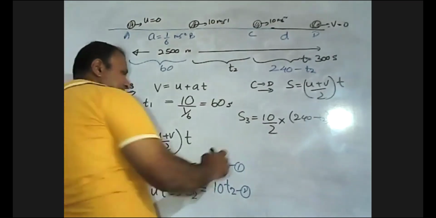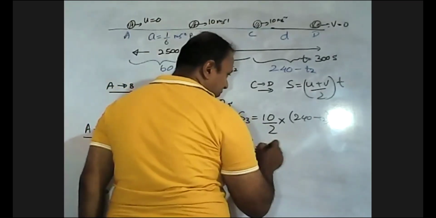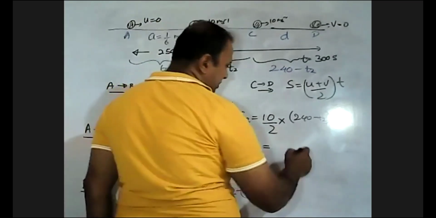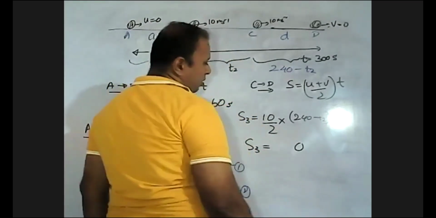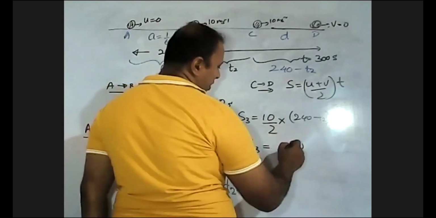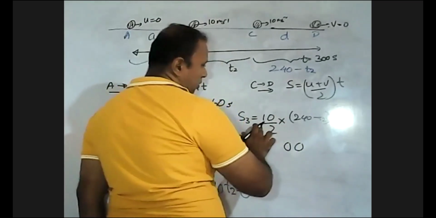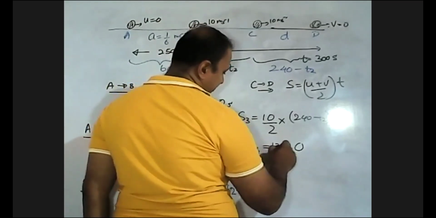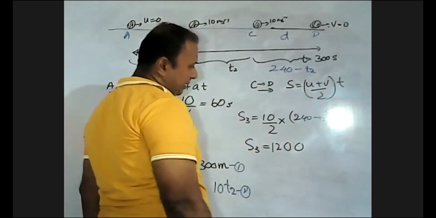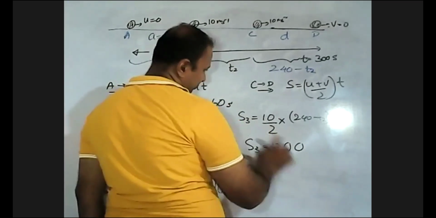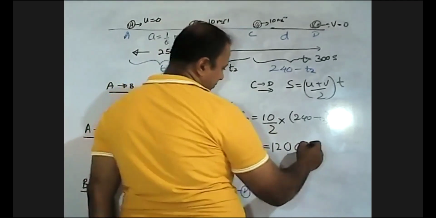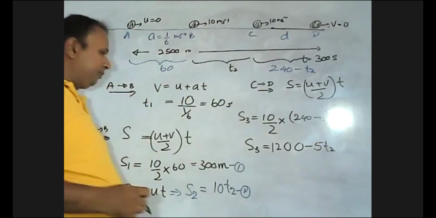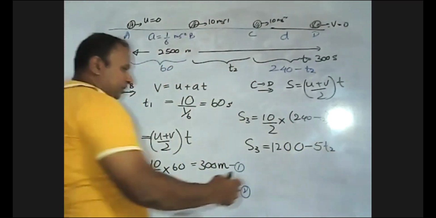Therefore, S3 is 5 into 240 minus T2, which is 1,200 minus 5T2. That is equation number 3.